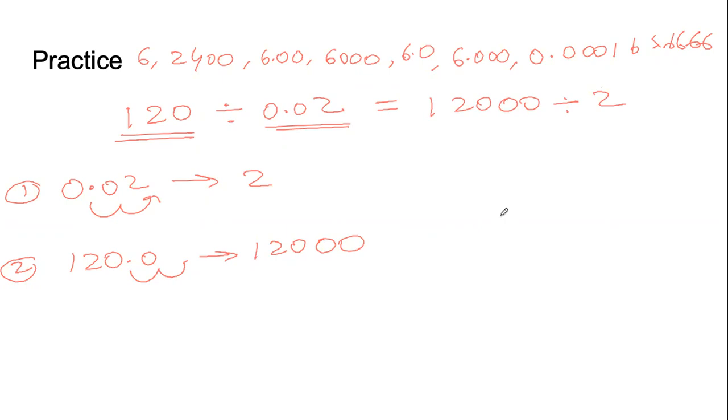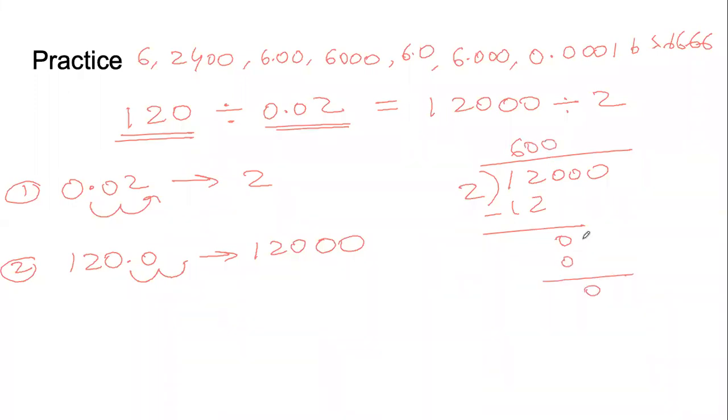This you should be able to do. 2 6s are 12. Minus, 0 comes, 0 0 0. Then another 0 0 0.